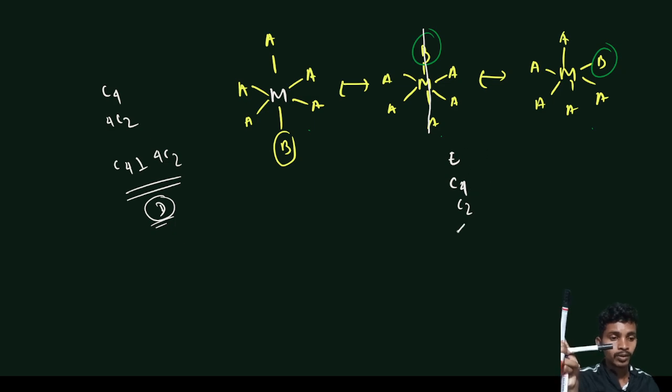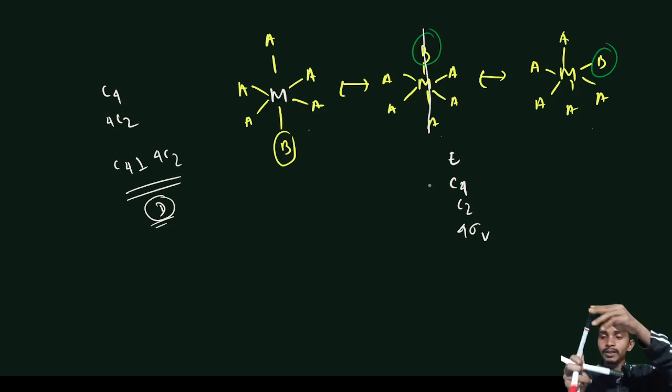And sigma v is there, but if you apply any direction, if you apply here, then due to this, and another is here, but this is the same, but the problem is that this is the difference. So if you apply C2, then due to this we will not get the C2 axis. So the C2 axis you have to apply in these directions only, then only you get the C2 axis.